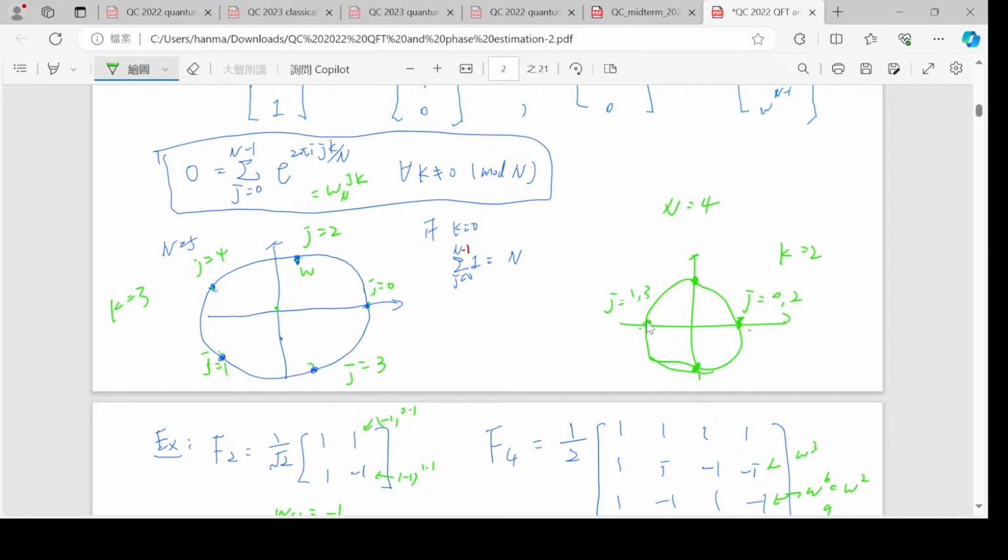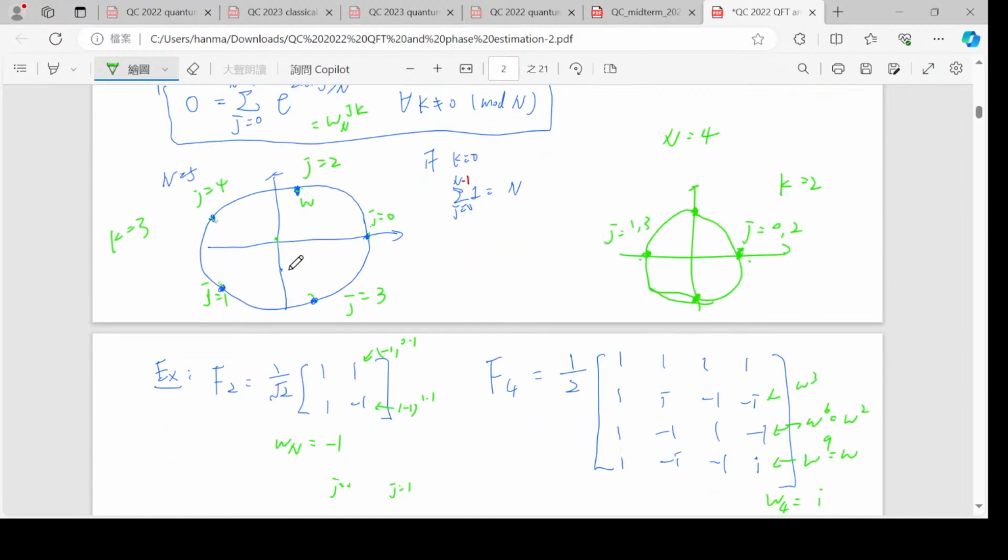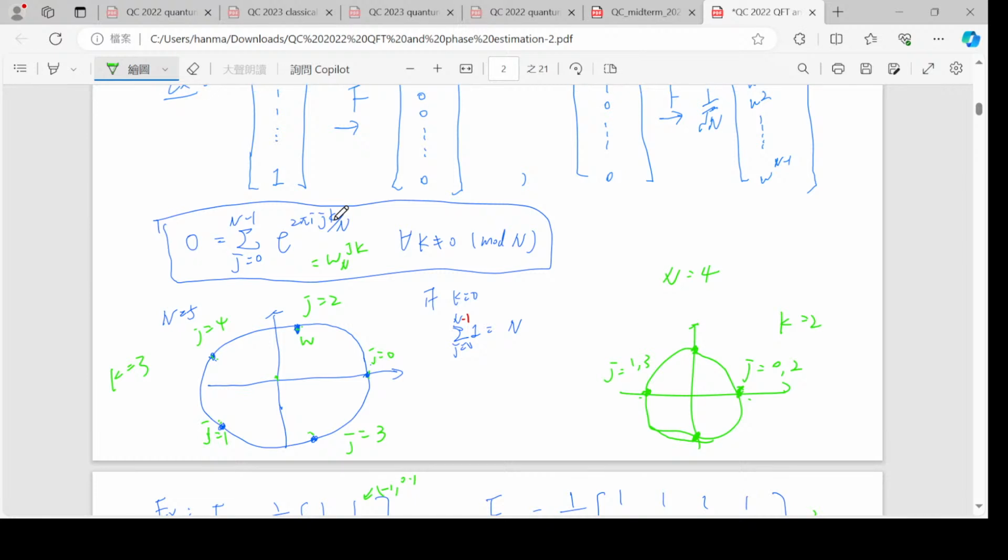And 1 plus -1 plus 1 plus -1 is equal to 0. So sometimes they don't go over all points if n is not a prime, but they still sum together to 0.